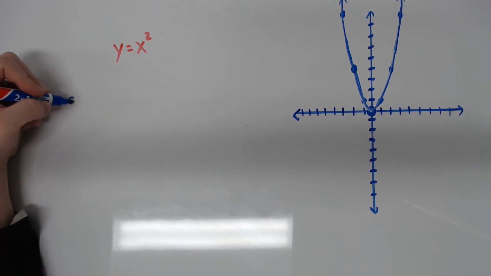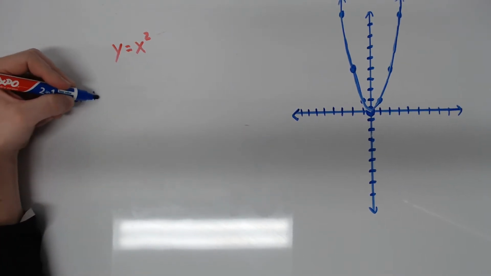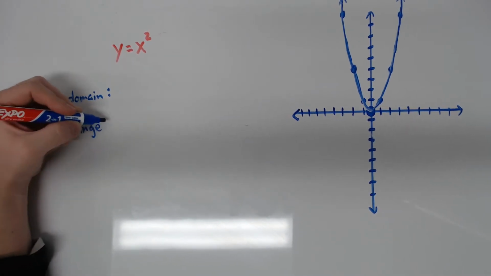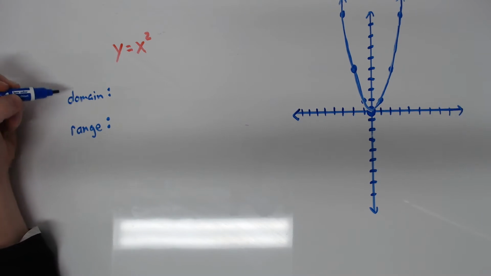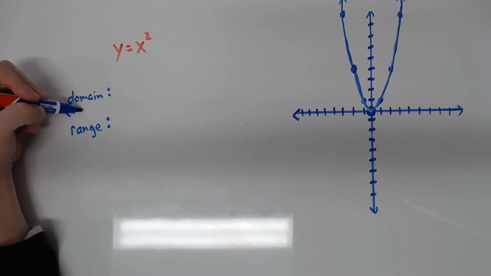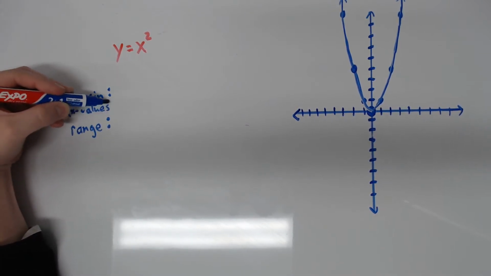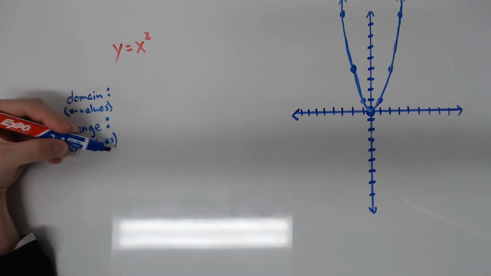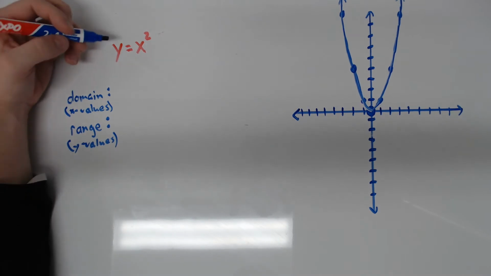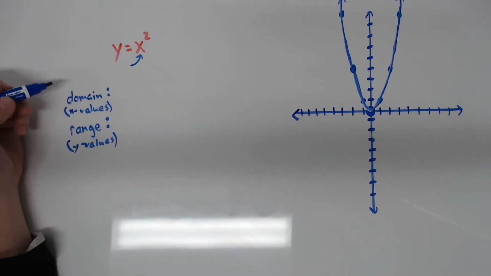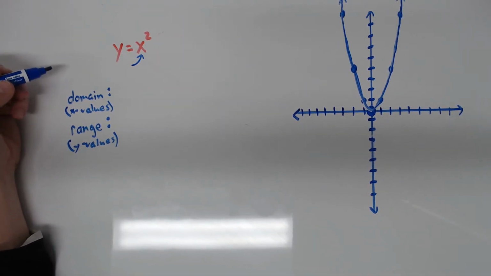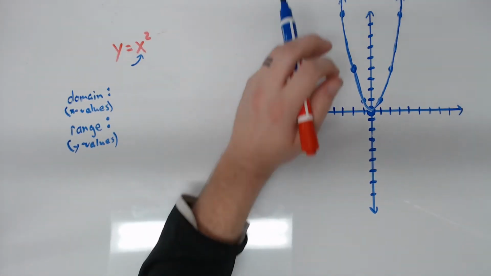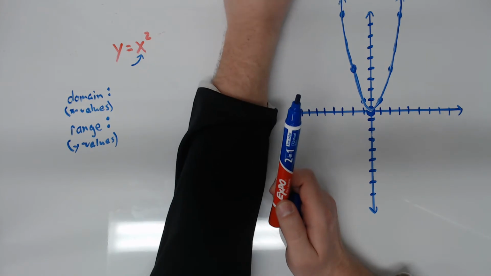Well, we can always talk about domain and range. And just a reminder, domain is all of the possible x values. Range is all of the possible y values. So domain in this case, we have to ask ourselves, is there any number that can't be x? These lines look like they get really steep, but they actually go left and right forever.